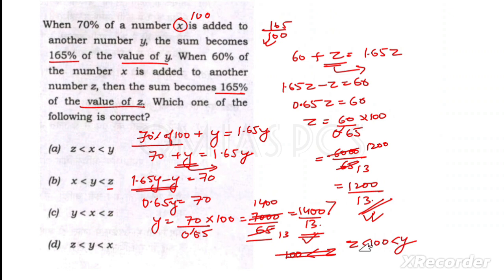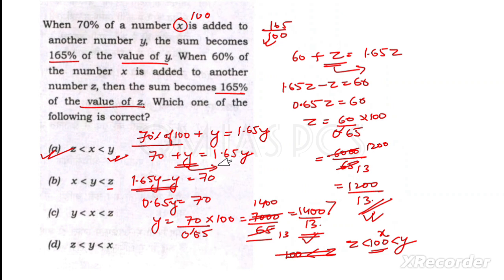So y is the largest number, then x, then z. Is it clear? So we can approach it like this.